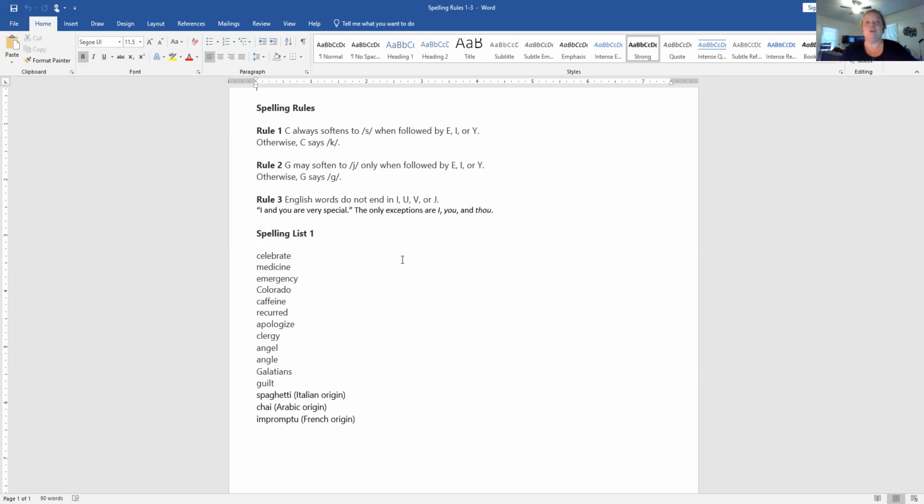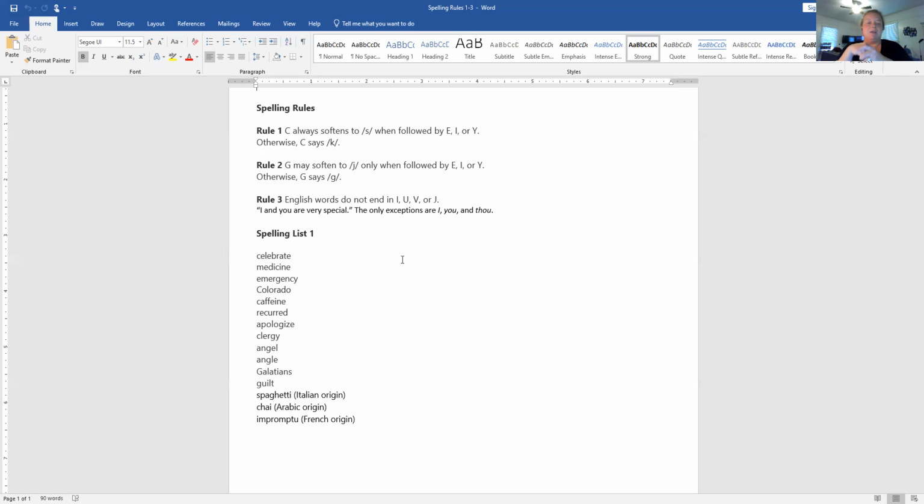They spelled angle as angel. So angel means that the E is right after the G because it is softening that G to more of a J sound. Whereas angle, you have that G sound. It's much deeper in the throat, in the back of the mouth. And so you've got angle, Galatians, because it's followed by an I, and guilt. So that's why you know that guilt is going to have a GU sound.